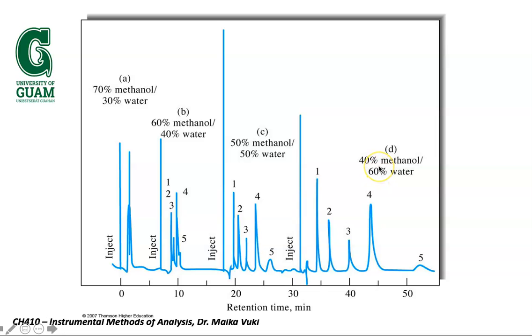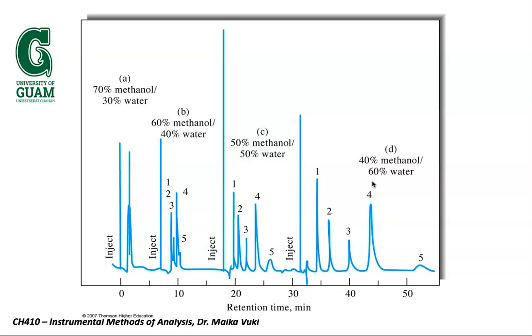It happens by changing the concentration, the fractions of the solvents. For example, here it's a methanol water mixture, and you can see the improvement in the signal as you continue to change the ratio of the two solvents.